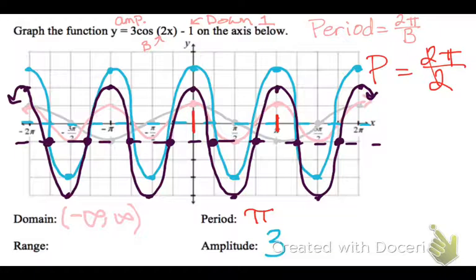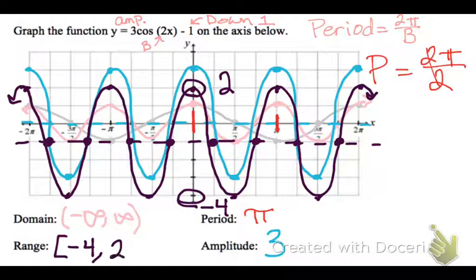It was really hard for me to focus for the longest time, but I want to identify my minimum and my maximum so that I can understand that this range is now from 2 and goes down to -4. The purple graph is my final graph, and we are going from -4 all the way up to 2, with both of those values being included.